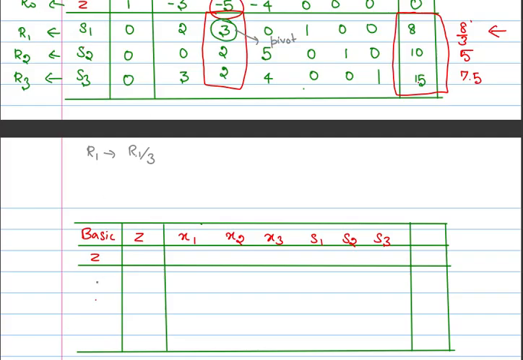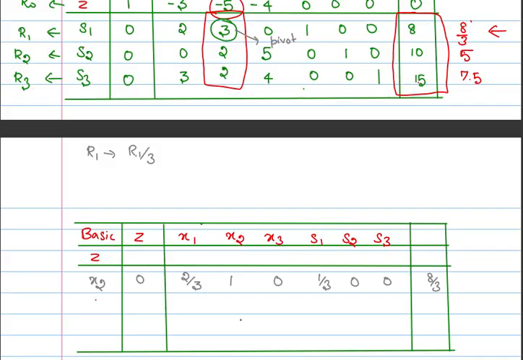The new row for basic variable x2 is: 0, 2 divided by 3, 1, 0, 1 divided by 3, 0, 0, 8 divided by 3.